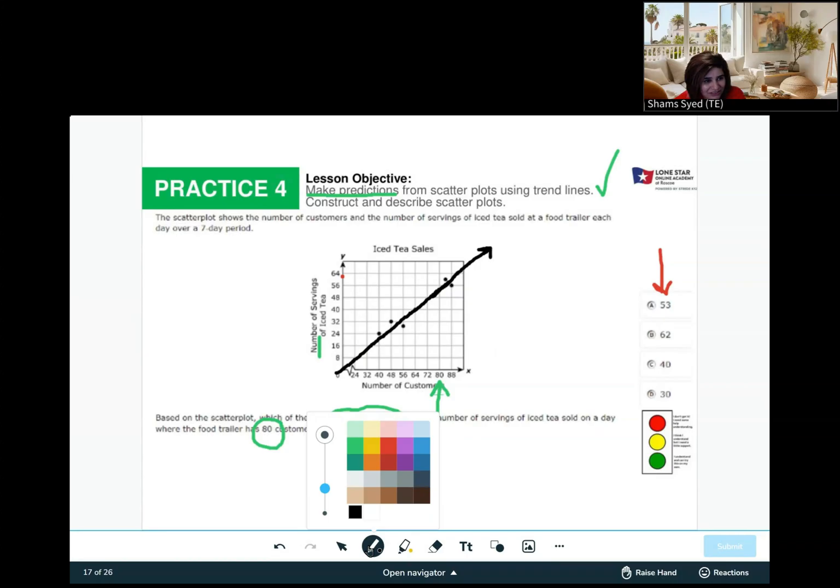So, Jesus, Brianna, Kyler, we want to go for 80. Let's go for 80. Go straight up. Do you think it can possibly be 62 if you really connected the dots?